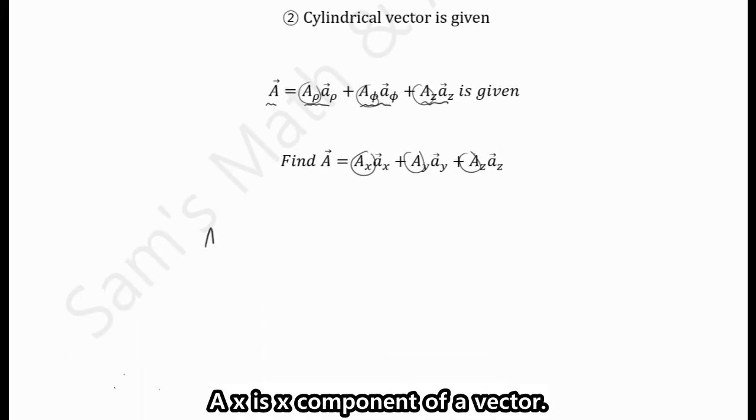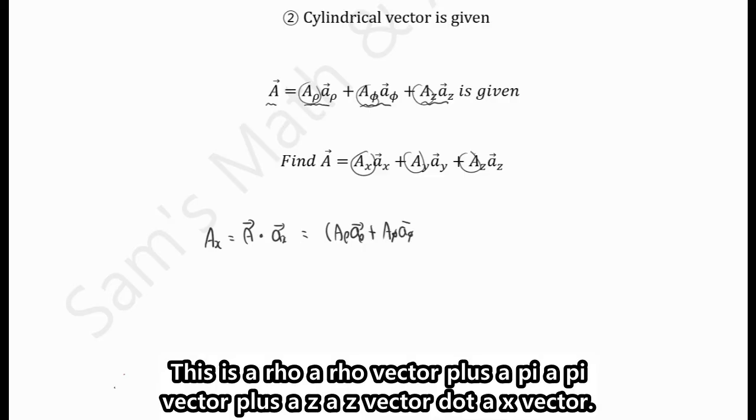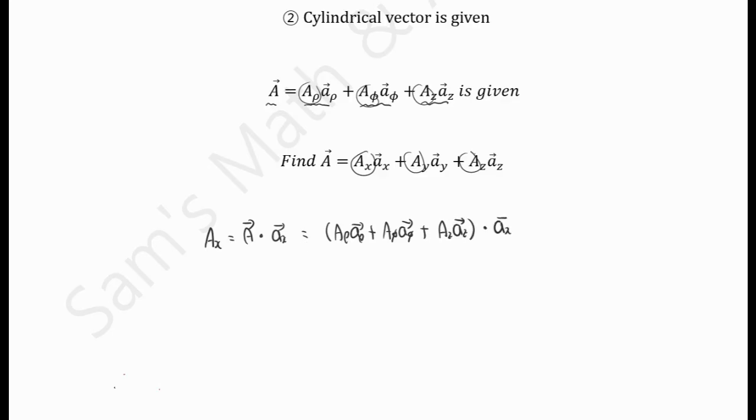So we try to find Ax. Ax is the x component of the A vector. This is (Aρ vector plus Aφ vector plus Az vector) dot ax vector.